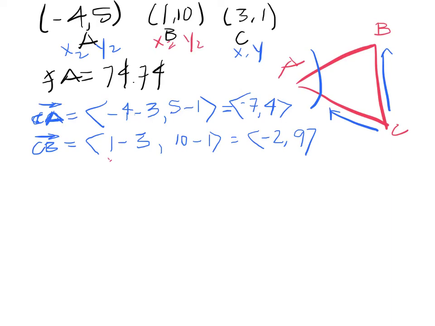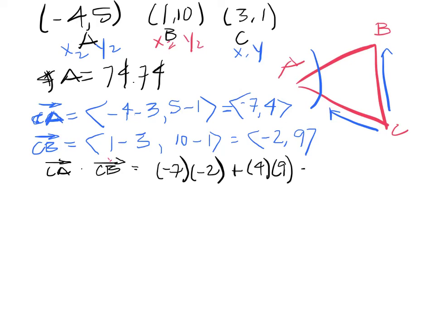Let's keep going. Now, like on the previous slide, I needed to find the dot product of these two vectors. Might as well do that now. So it's negative 7 times negative 2 plus 4 times 9. That's 14 plus 36, which is 50.